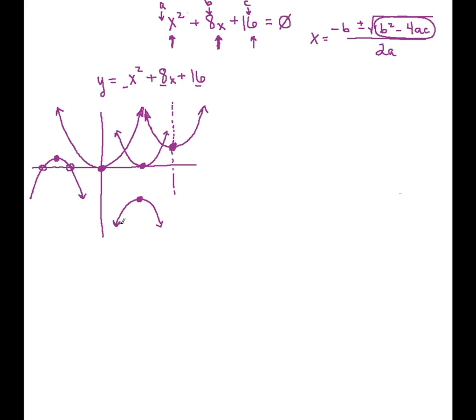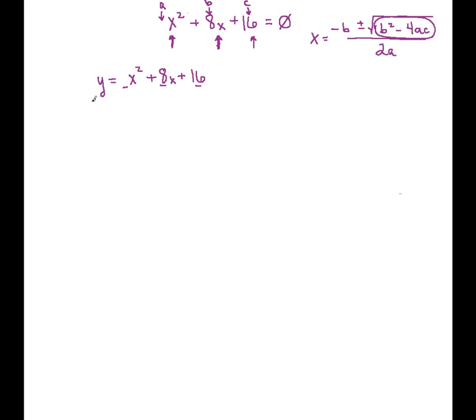Wherever the parabola might be in the xy plane, it's always going to cross the y-axis somewhere, and it's only going to cross the y-axis once. It will never cross the y-axis more than once.